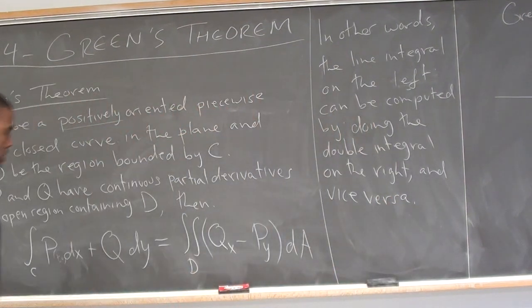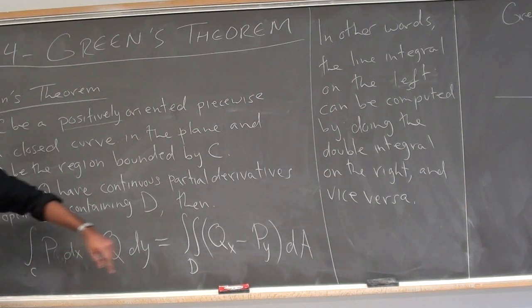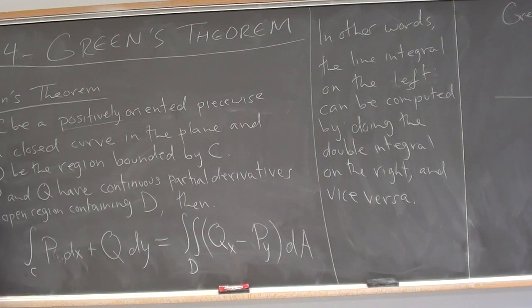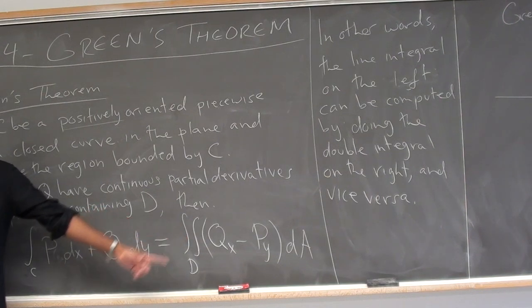Right? In other words, if you want to compute this line integral, you know your C is a closed curve, you can actually do that double integral instead. And obviously the benefit to this is that sometimes that might be a lot easier, right?